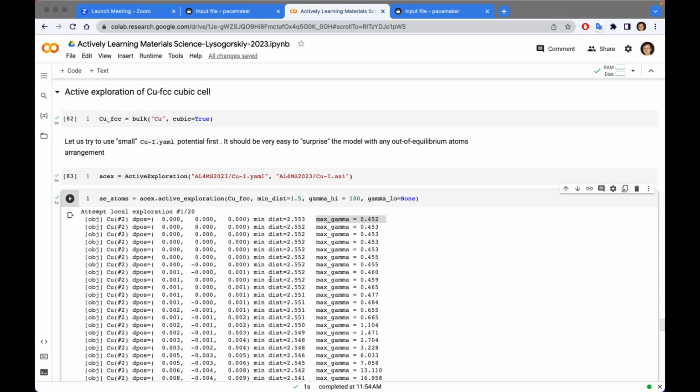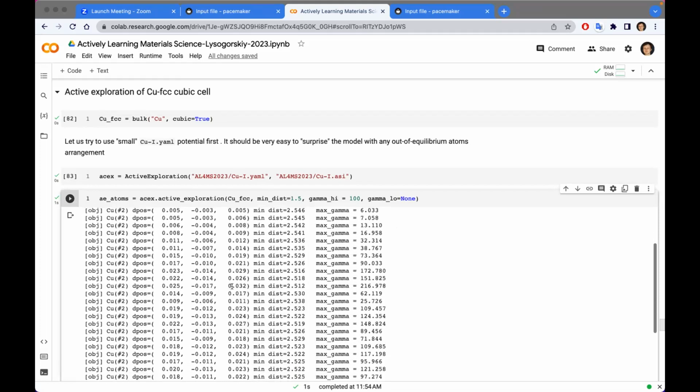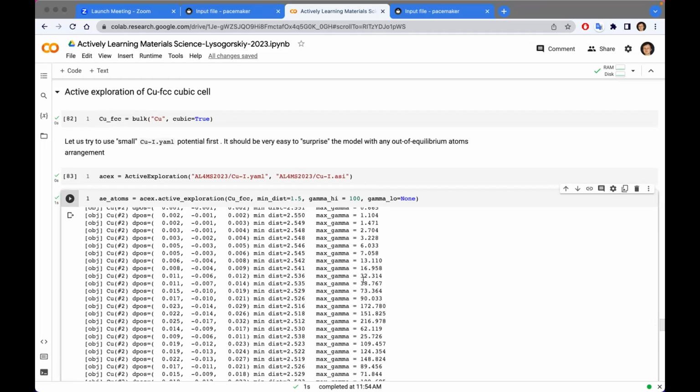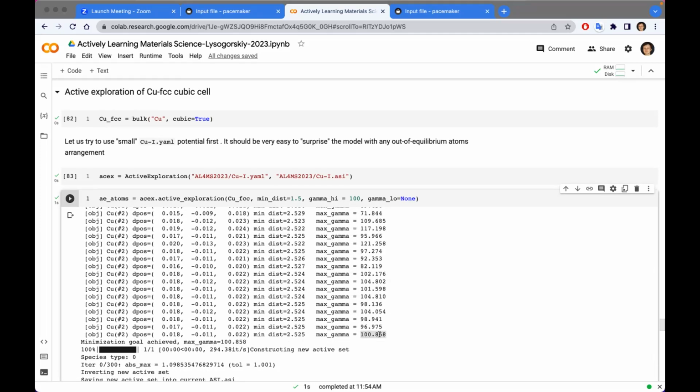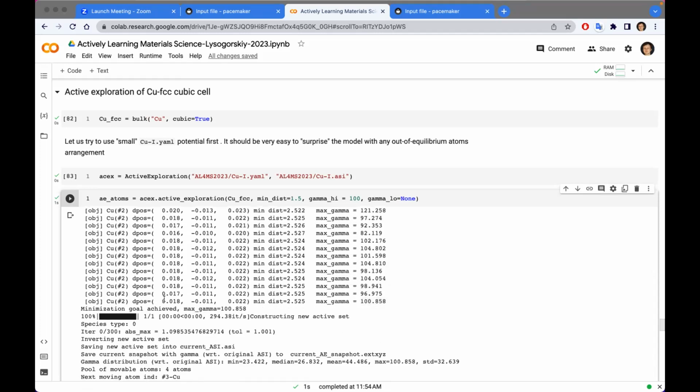You see it just starts to accelerate, and even with quite a small displacement, max gamma just explodes. It even goes above 100, then it goes back to 100 because we want to do it in a regular extension. So it found that if we displace copper atom number 2 by this vector, that's our new environment.